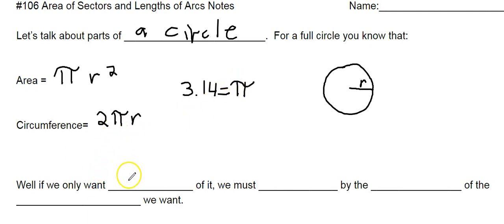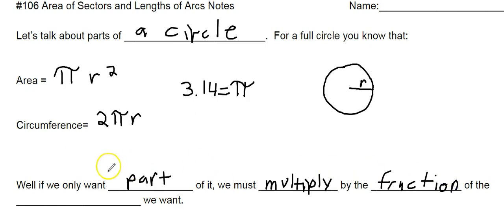Well, if we only want part of this, we must multiply by the fraction of the circle we want.